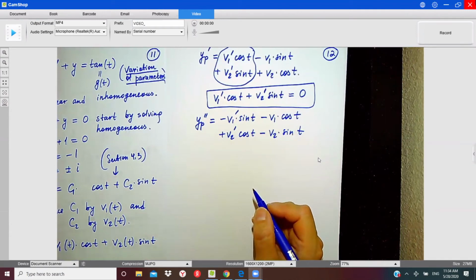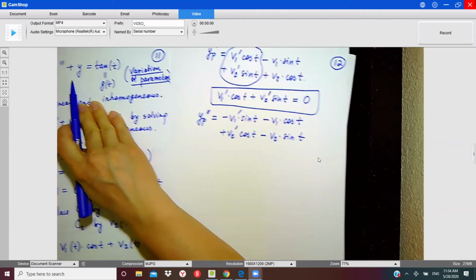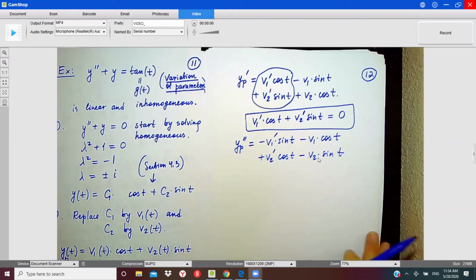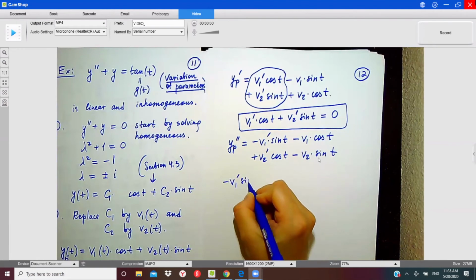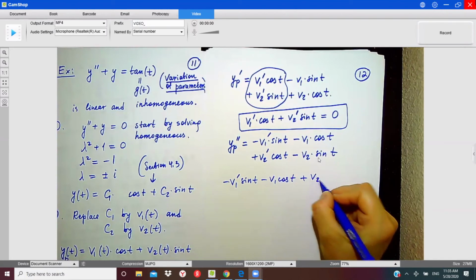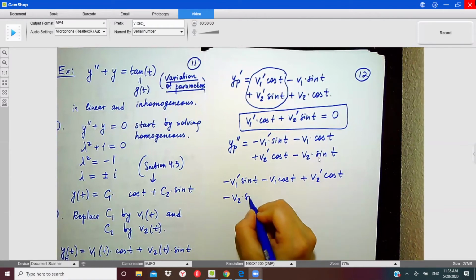All right, so now let's plug that into the inhomogeneous equation, and life is much easier now. So we have negative v sub 1 prime sine t minus v sub 1 cosine t plus v sub 2 prime cosine t and minus v sub 2 sine t.